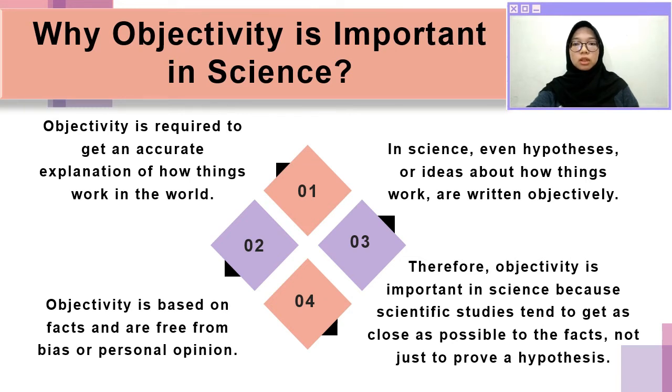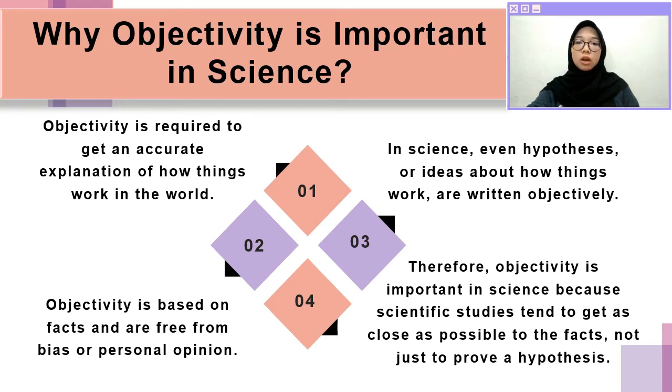Next, objectivity is based on facts and is free from bias or personal opinion. Scientific study is based on what we see, hear, and touch, rather than personal opinions or speculative imagining. In science, even hypotheses or ideas about how things work are written objectively.